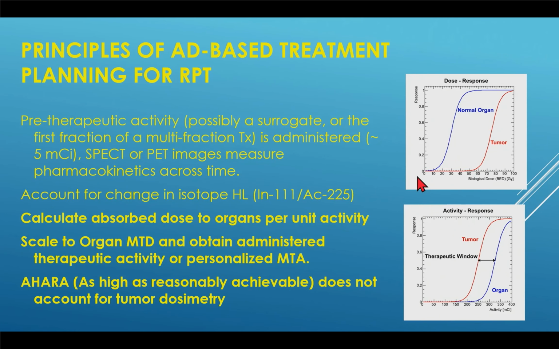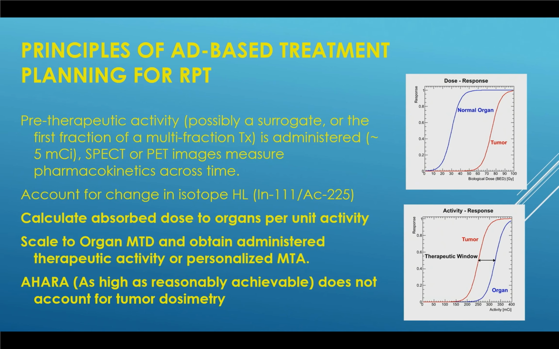And the other thing we can do with radiation, of course, is we can image it, which we can't do with chemotherapy. And so we can get that data by either putting in a small amount of pre-therapeutic activity. So you can either give a small amount of the activity that you're going to give, or you can give a surrogate, like technetium-99m in the case of the yttrium-90 microspheres.